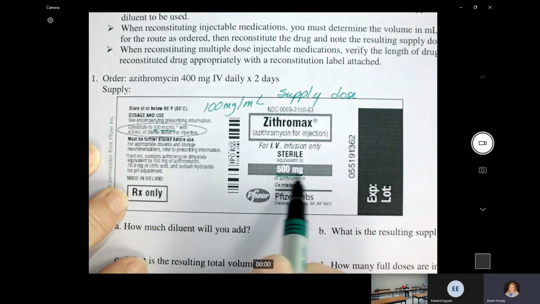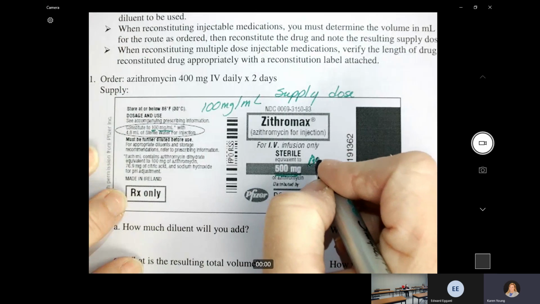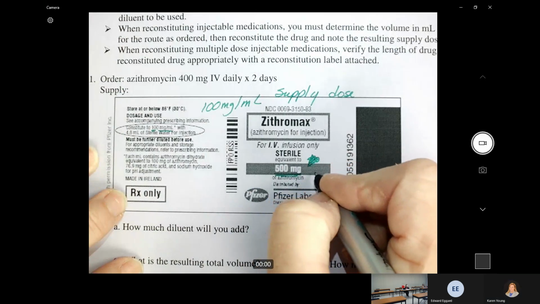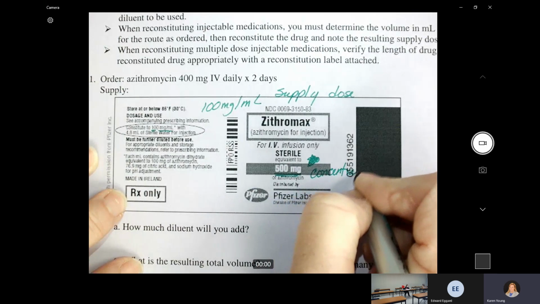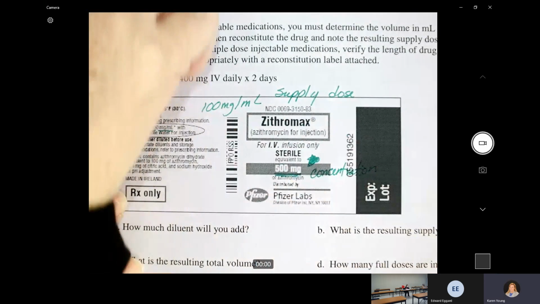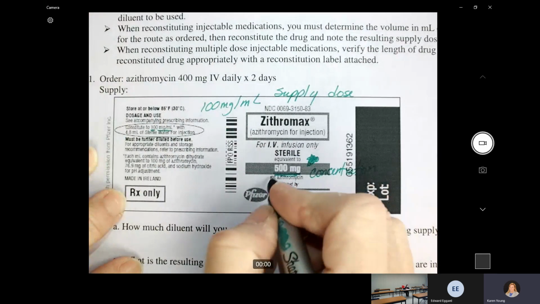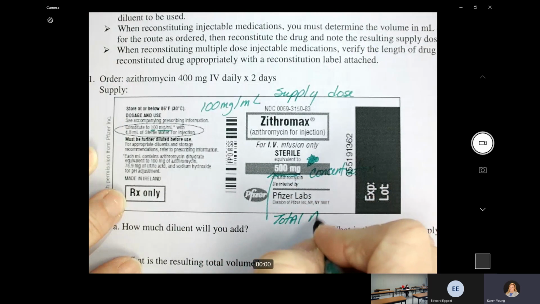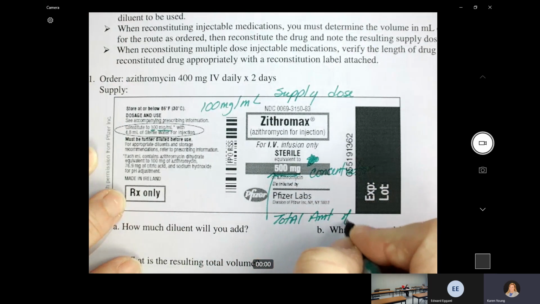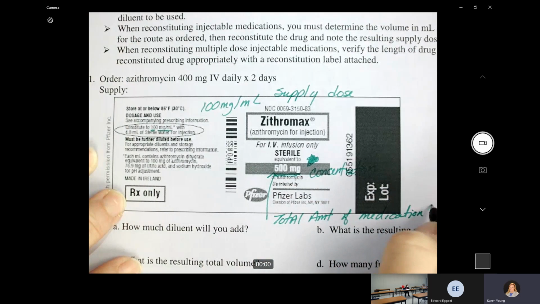This 500 milligrams here, this is our concentration. It's not our dosage strength, it's our concentration. So this is the total amount of medication in the vial.